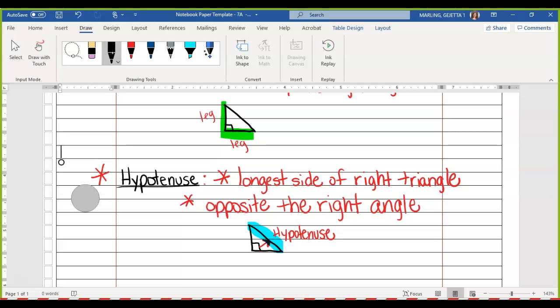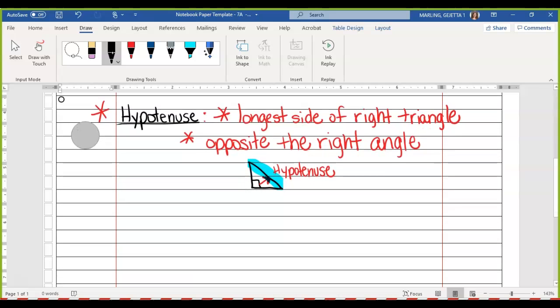The last vocabulary term is square root.